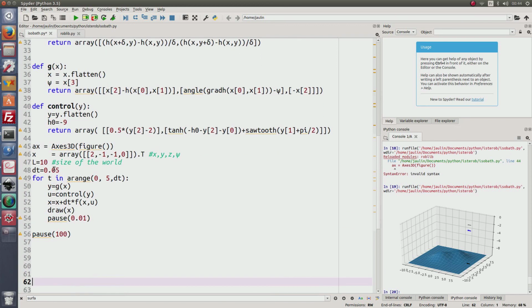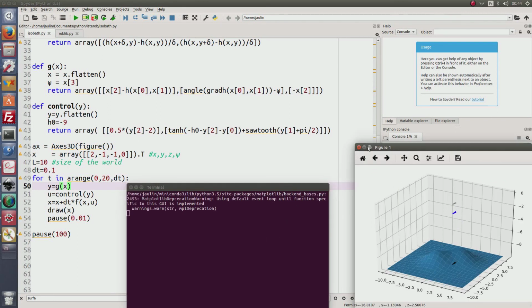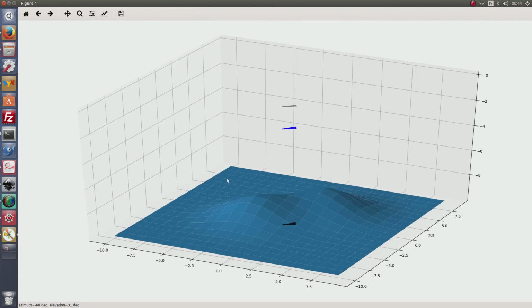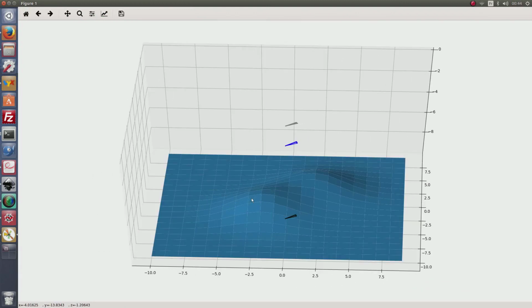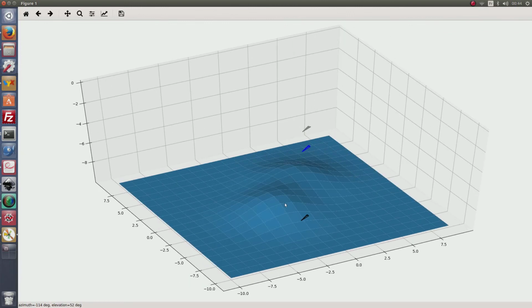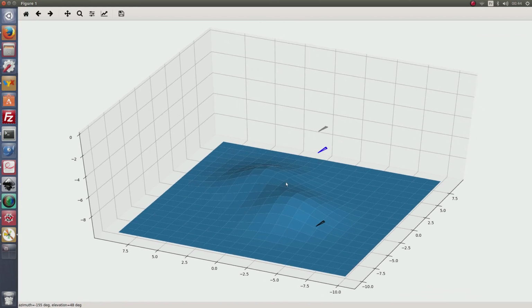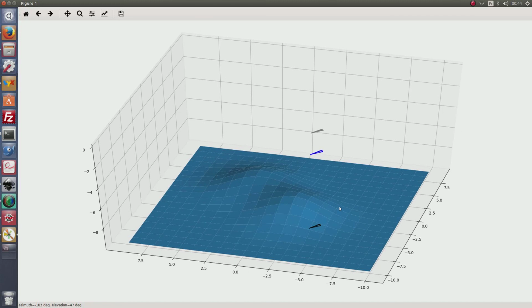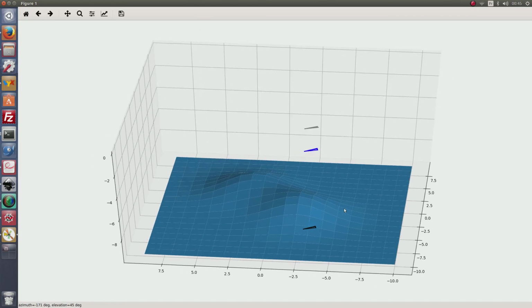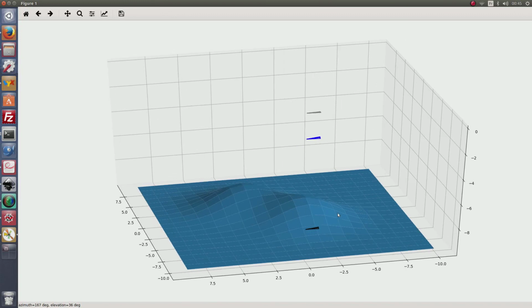I will go faster for the simulation, and I will put something like 20 to have a longer simulation. Okay. So I follow the isobath, and probably if this corresponds to islands, I will be able to turn around the islands without any perception of the environment except what I have just below, just under the robot.